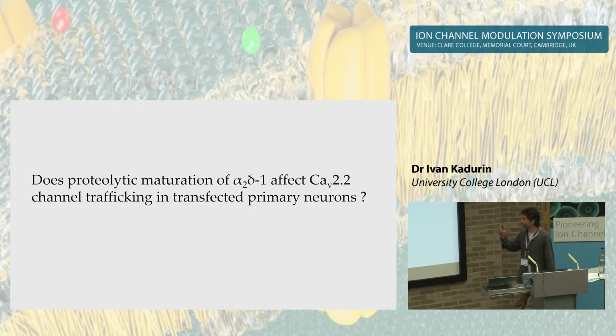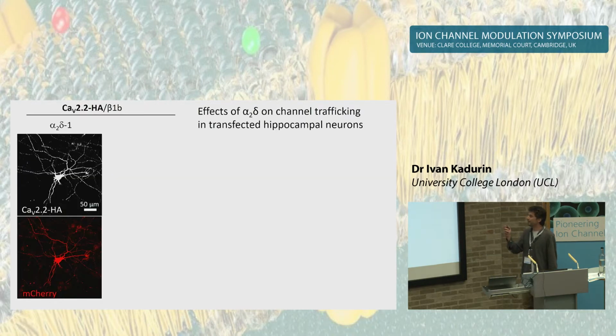The question we asked was: does proteolytic maturation affect CAV2.2 channel trafficking in transfected primary neurons? We used hippocampal neurons from P0 rats, and we expressed CAV2.2 channels with an HA tag, beta 1b, and alpha-2 delta subunits, and mCherry as a marker for neuronal morphology.